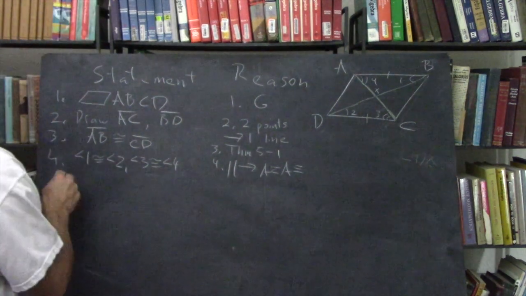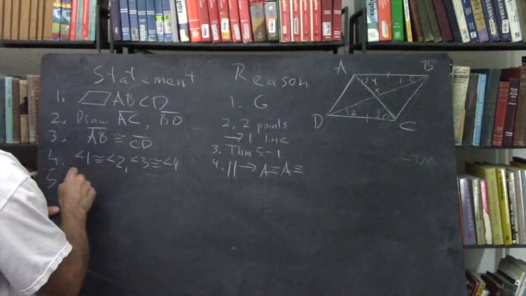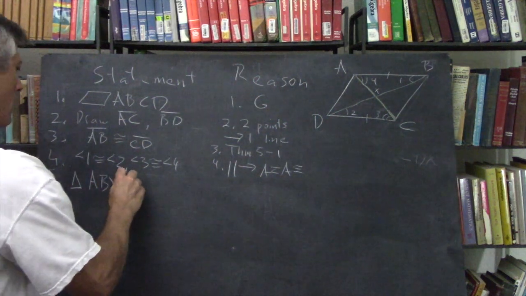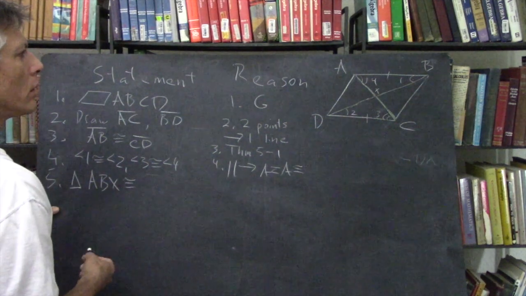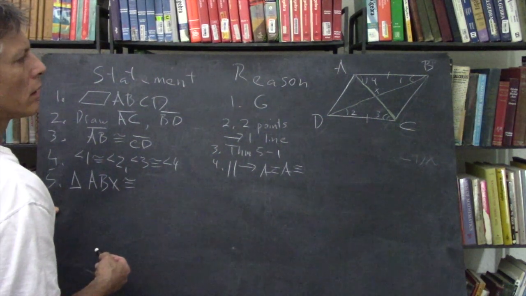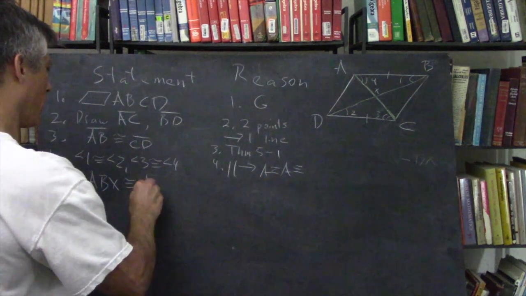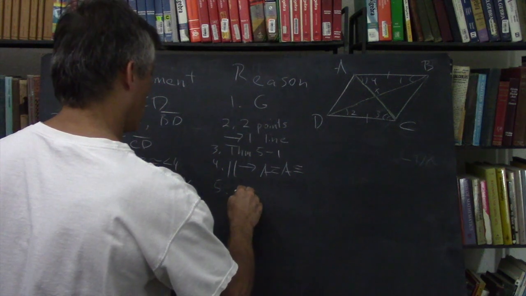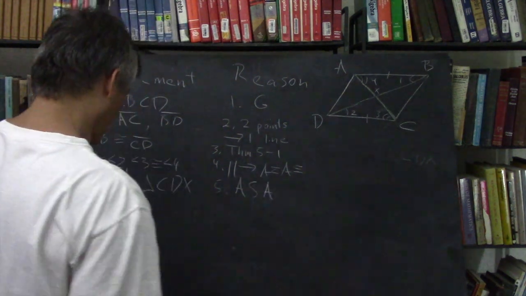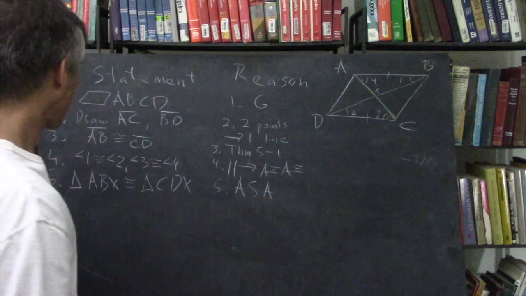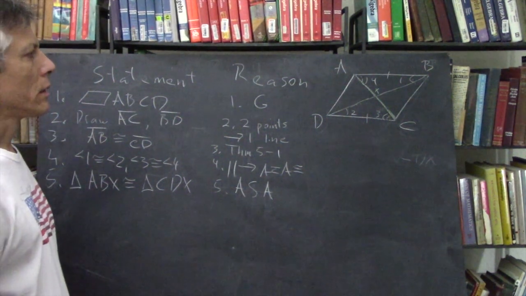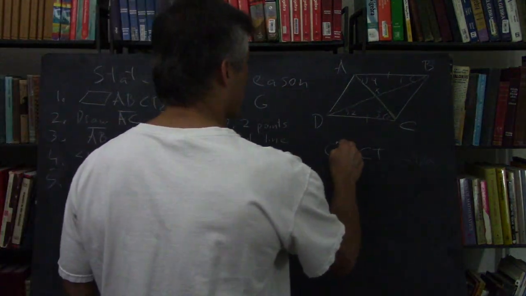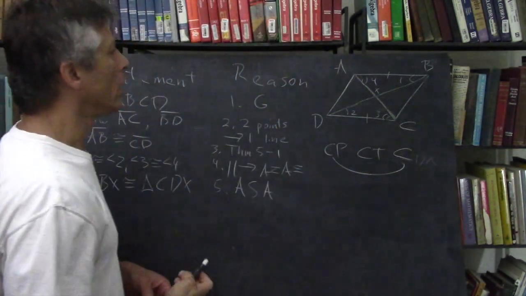And so then we know the triangles are congruent. So triangle ABX is congruent to triangle CDX. Angle side angle congruence theorem. And then, since the triangles are congruent, we know the parts are congruent.